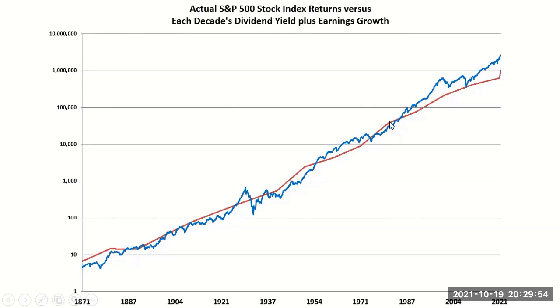So here's the S&P 500, and then the red is each decade's dividend yield plus earnings growth, just added together and linked, okay? And I think it's a fairly impressive chart. It really does track pretty well. When the market gets above it, it comes back down. When it gets below it, it comes back up.